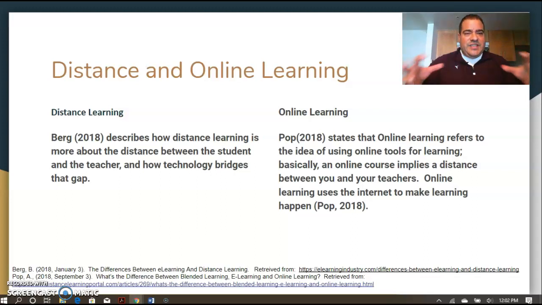There is some sort of distance between them, and that distance is bridged by the use of some form of technology. Now, many of you in the discussion boards talked about how, well, when I think about online, I'm thinking about the internet. I'm thinking about getting on the web, going on Facebook, going on Blackboard, as you are doing for this course, right?